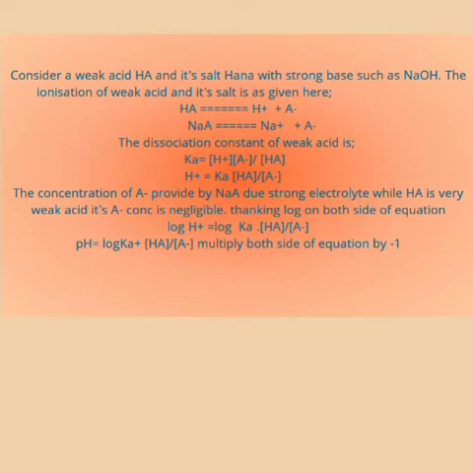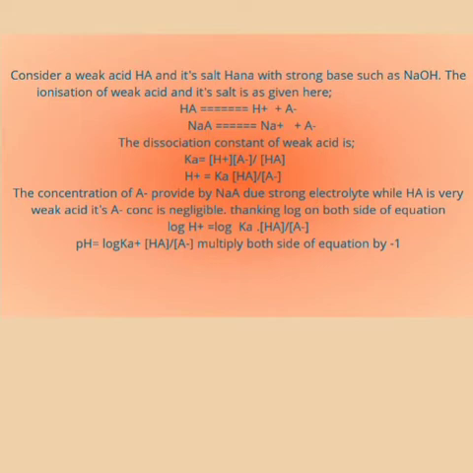They are both raised to power 1 because their coefficient is 1 mole, and divided by [HA], which is also raised to power 1, as it also has 1 mole.